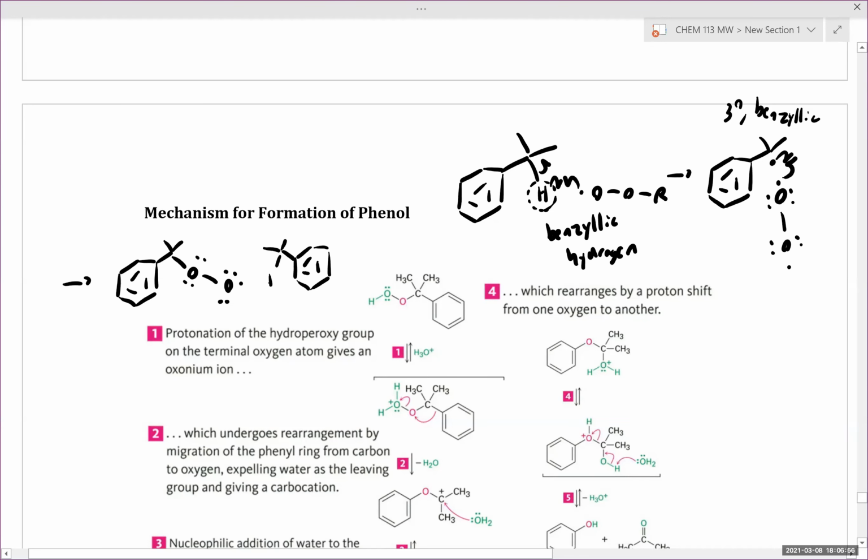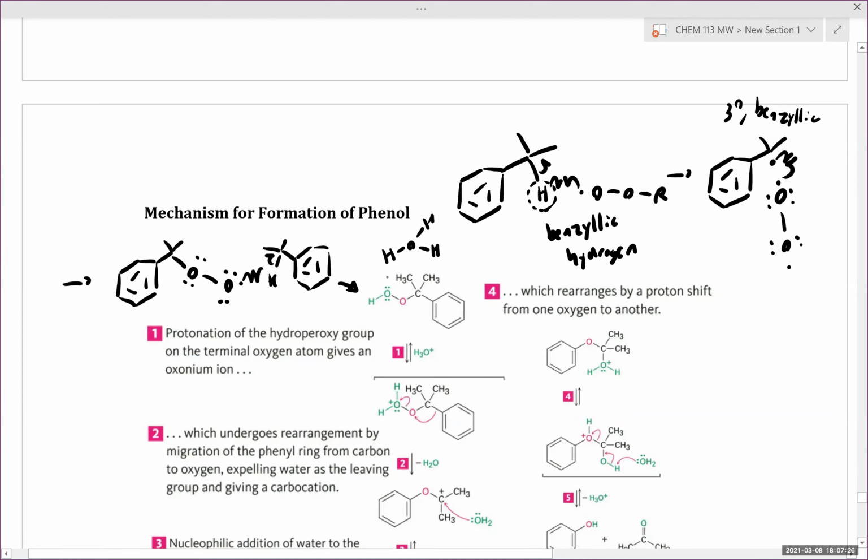Now, to continue the chain, we can just as easily abstract a hydrogen, and that in turn gives us our hydroperoxide. Once we've made our hydroperoxide, this substrate in the presence of acid undergoes a pretty interesting decomposition reaction involving an alkyl shift.